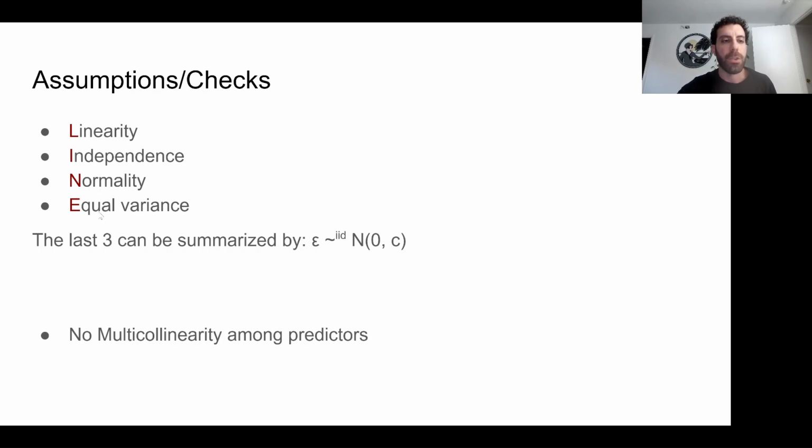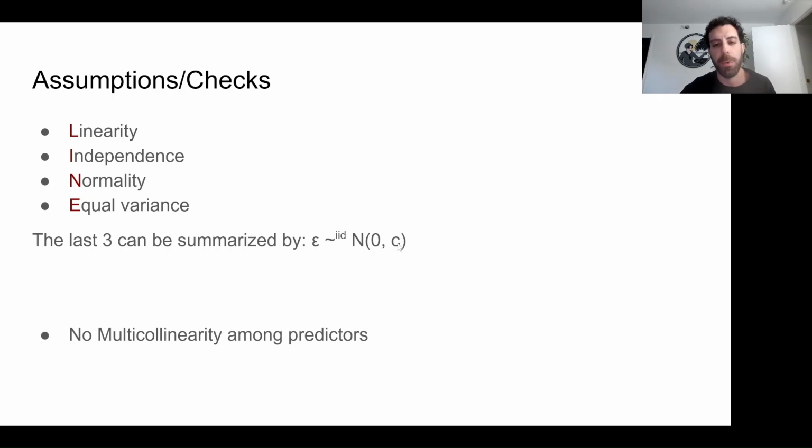So these last three assumptions, the I, N, and E, independence, normality, and equal variance, can really be summarized by this one singular statement that you'll see repeated over and over again when people are listing the assumptions they make in their regression model. It's that your errors are distributed IID. IID stands for independent and identically distributed, from a normal distribution, that's what the N means, centered at 0, with a constant variance.